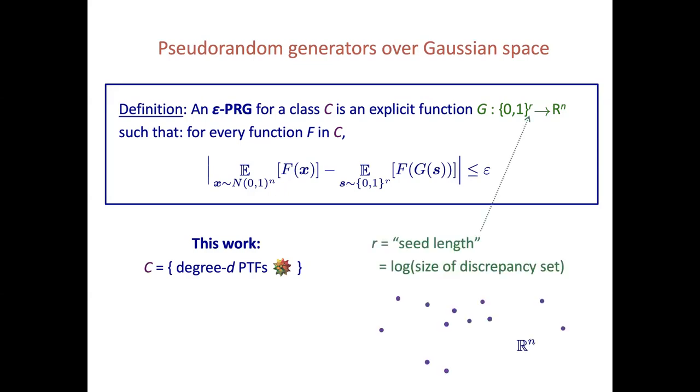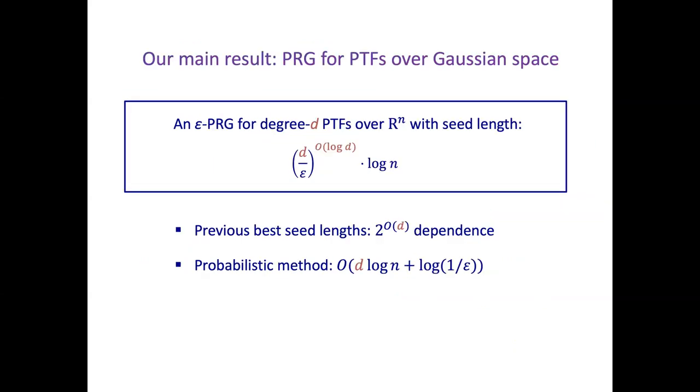So if r denotes the seed length of the PRG, r and the size of the discrepancy set are exactly related up to an exponential factor. So the problem of constructing a small discrepancy set is exactly equivalent to the problem of constructing a PRG with short seed length.